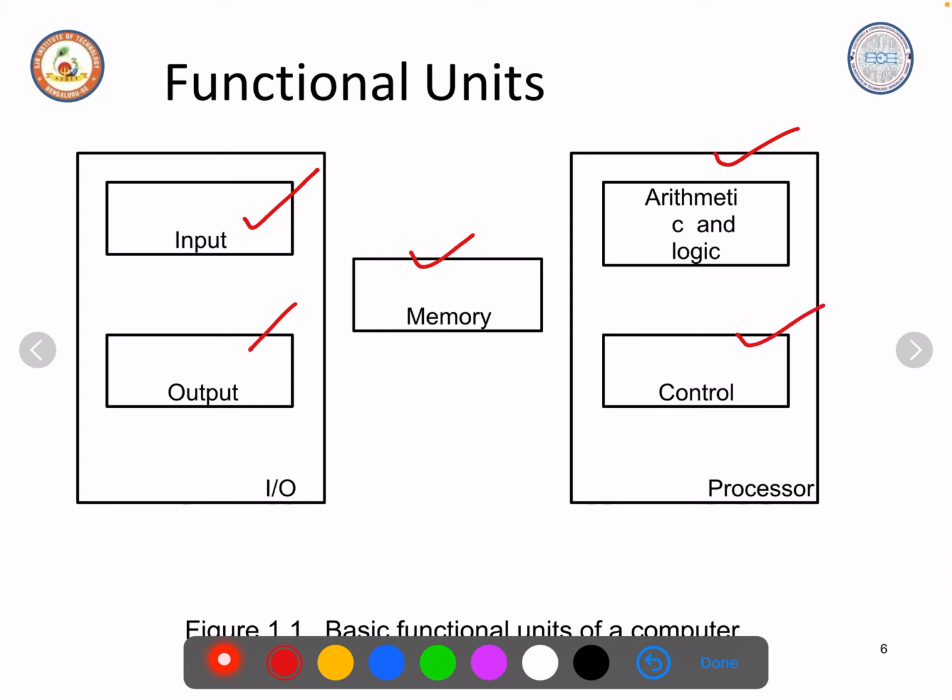So the purpose of the input unit is to accept coded information from human operators, or from electromechanical devices such as keyboards, or from other computers or digital communication lines.